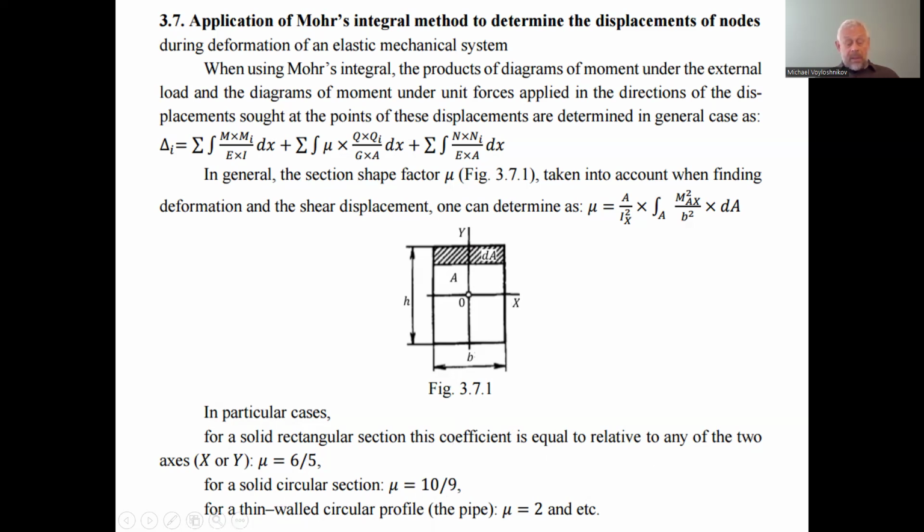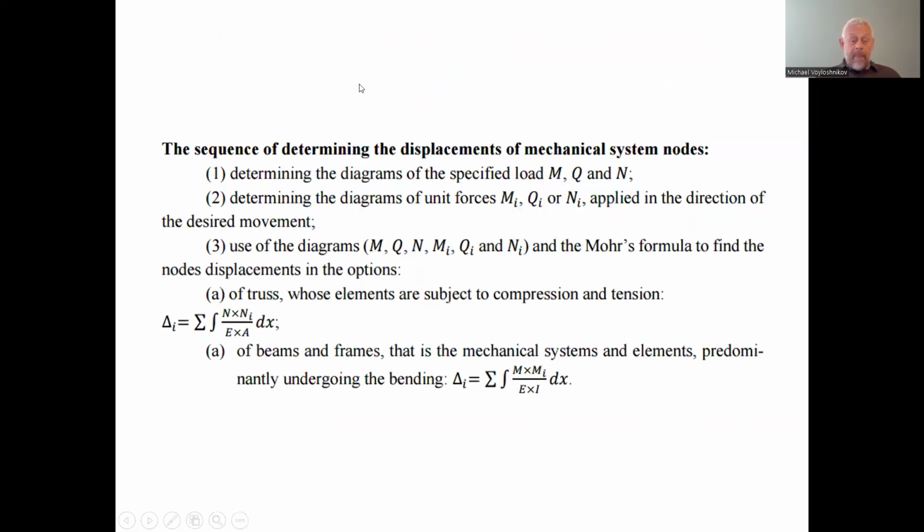For a thin-walled circular pipe profile, this factor could be 2, and so on. I will not go deep into explaining how it can be found, but it is a separate question concerning the use of the Mohr integral.